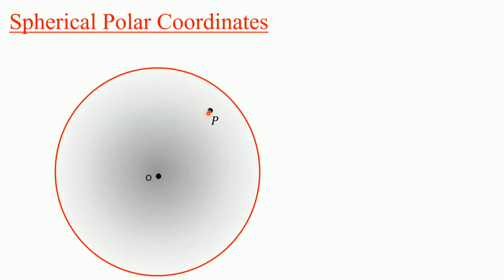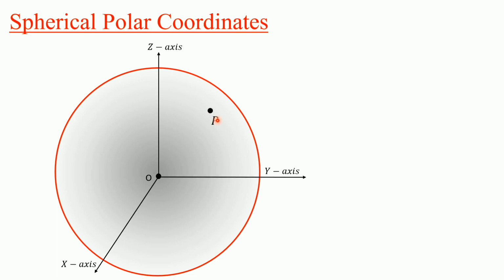That means this point P will lie on the surface of the sphere. So this is the sphere, and remember, this point P is not inside the sphere, it is on the surface of the sphere. These are our x, y, z axes, which are mutually perpendicular to each other. Right now we have one piece of information about this point P, that it lies on the sphere, and let us take R as the radius of the sphere.